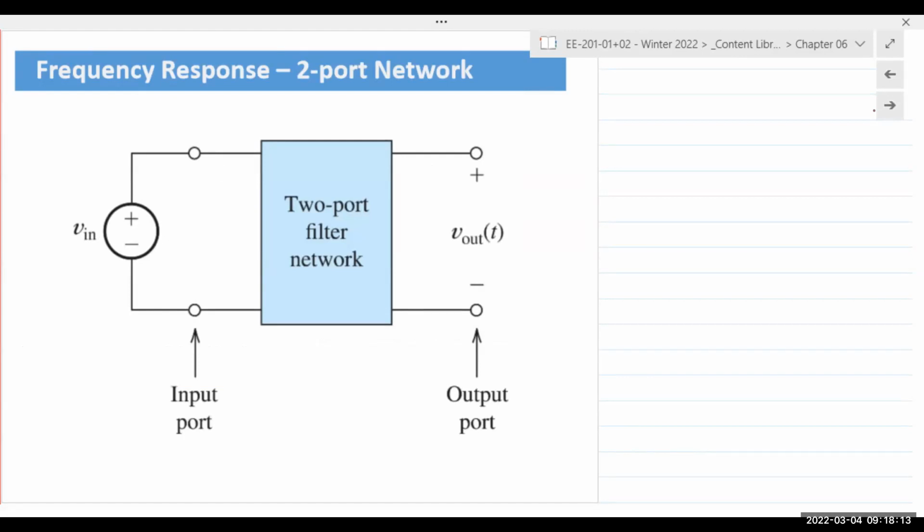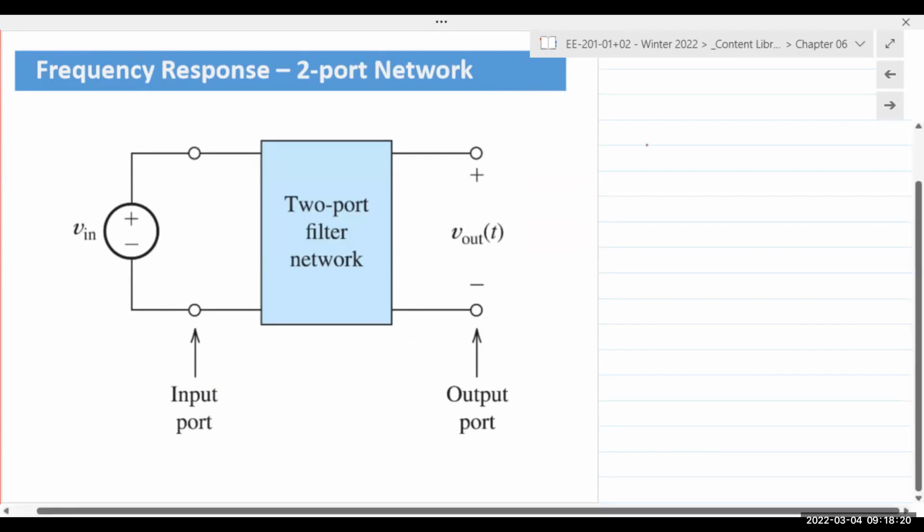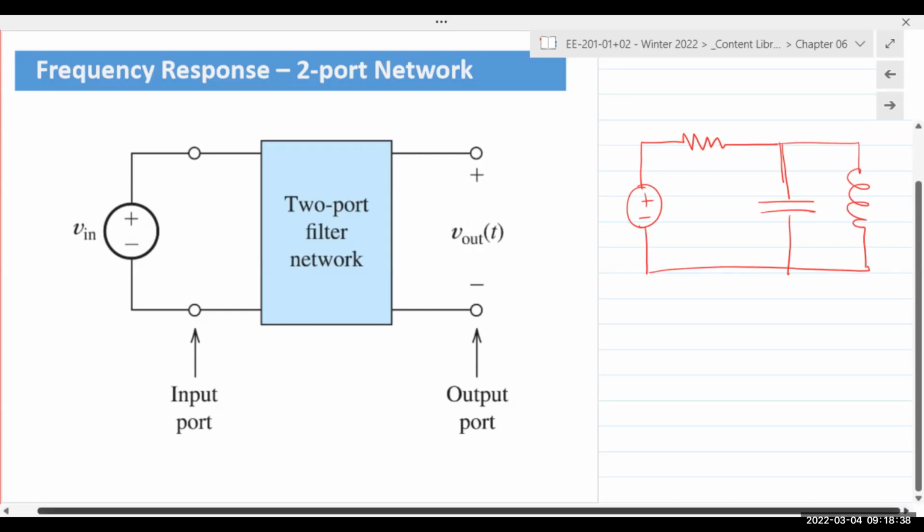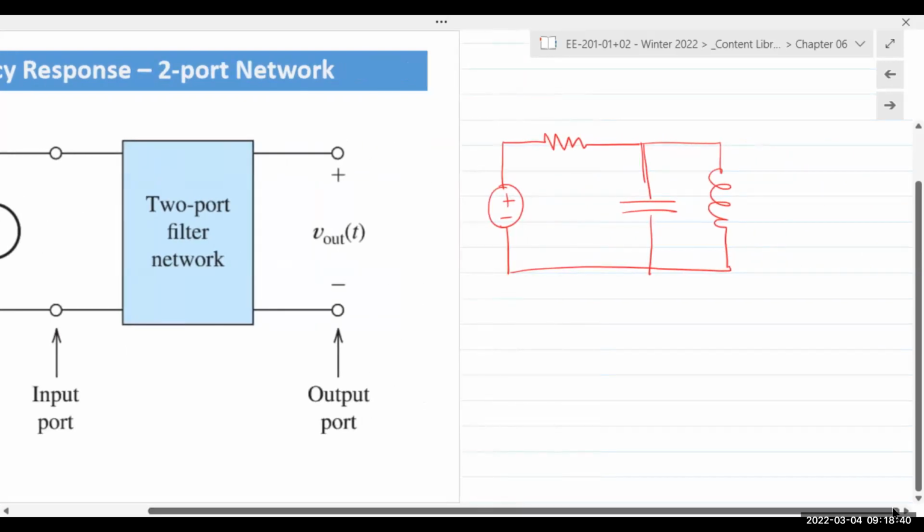A 2-port network is essentially the same circuits that we have studied so far. If you take a typical circuit, let's say a typical RLC circuit, this is just a random example, similar to one of the homework problems. You have a resistor, inductor, capacitor in a circuit.